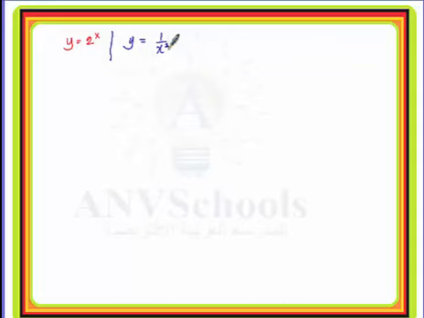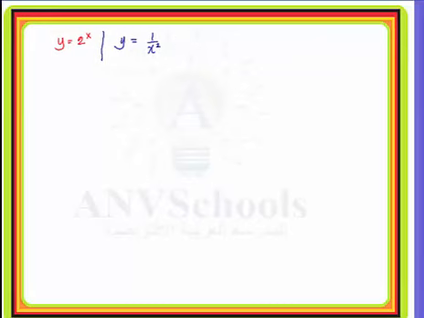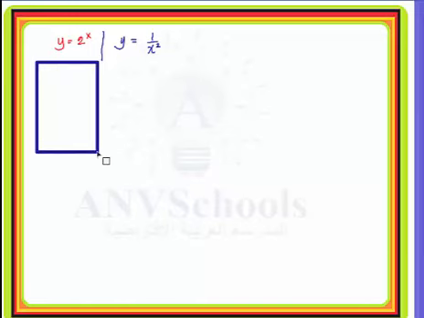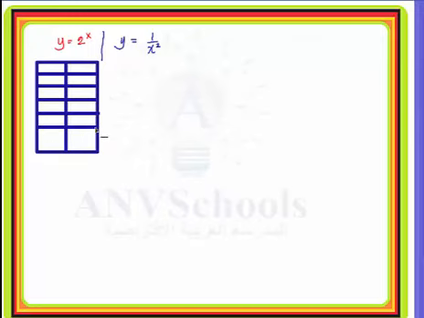So for the first function, I will create a table, just to show you the difference in the x and y values. In the end, this exponential function would have an asymptote at the x-axis, or y is equal to 0.